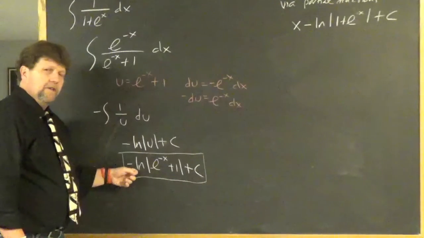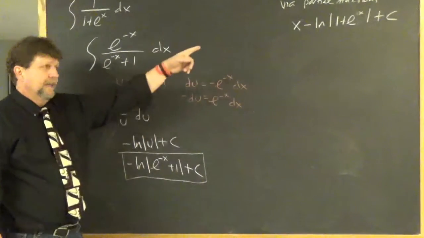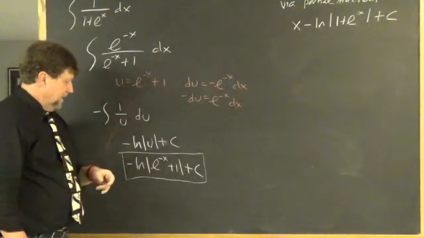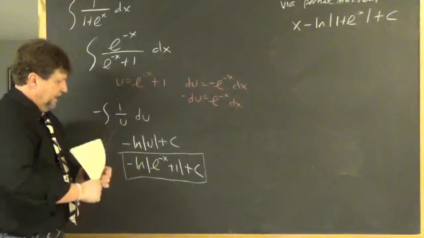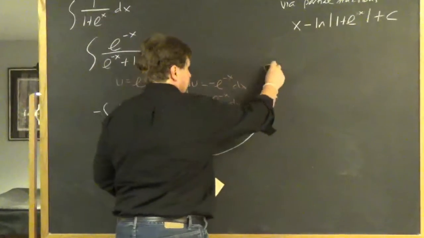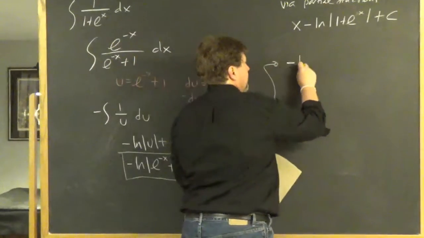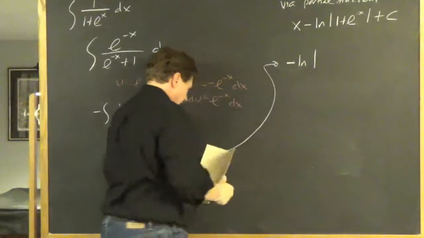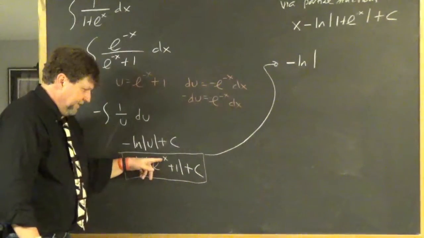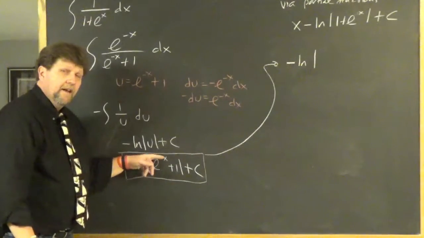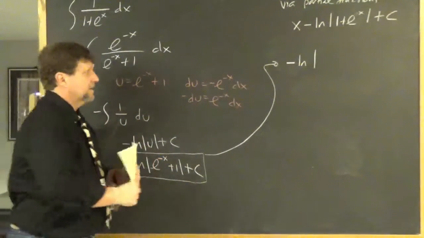And let me show you what you could do to this beastie to get it to match up with that beastie there. So let's take this and let me pull it over here. And let me start off by saying e to the negative x, you can rewrite that as 1 over e to the x.